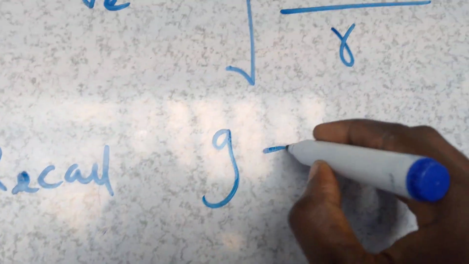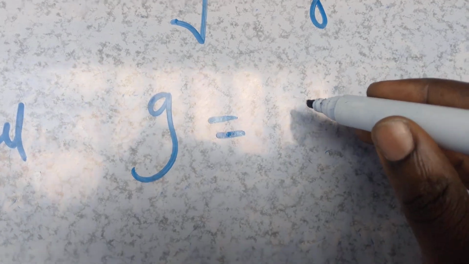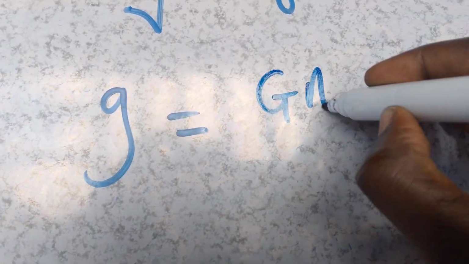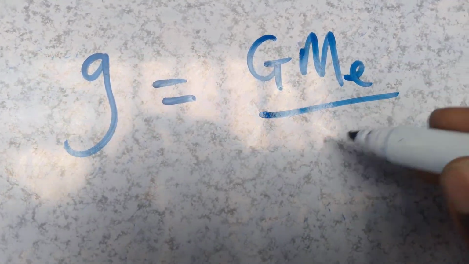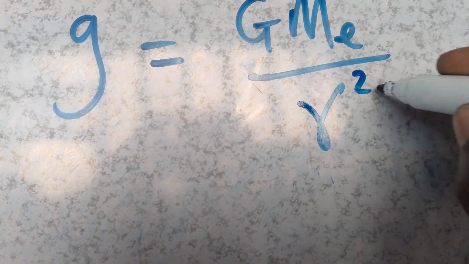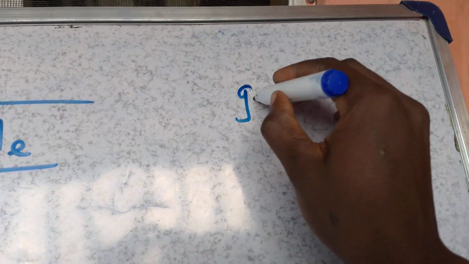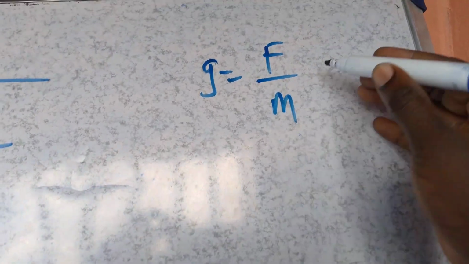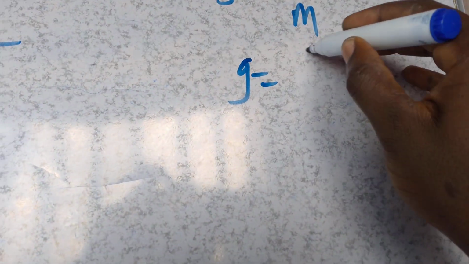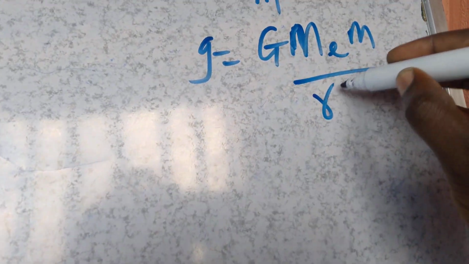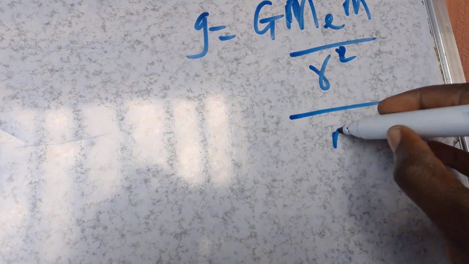Then the next thing I say, recall that acceleration due to gravity is equal to G Me over r square. That is, g equals force per unit mass. When you put that there, that G is capital G Me m over r square divided by m.